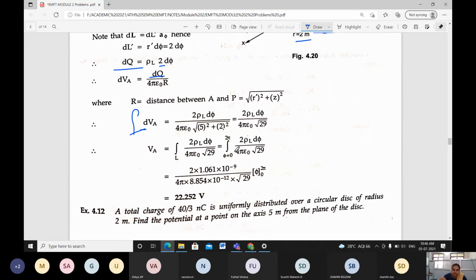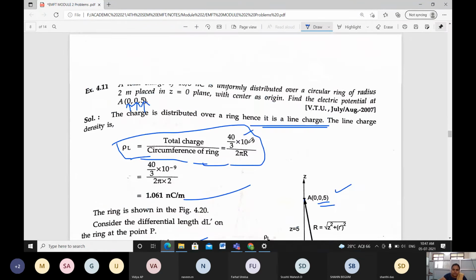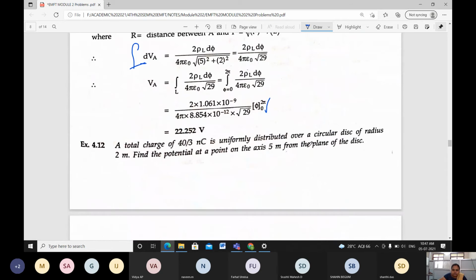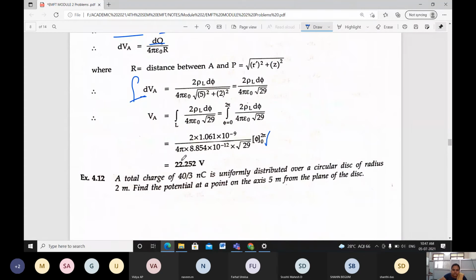Just as phi is varying from 0 to 2 pi, apply the limit here. Everything will remain the same, nothing will be changing here. Just substituting the rho L value here, you will get 22.252 volts. This is what you will get.